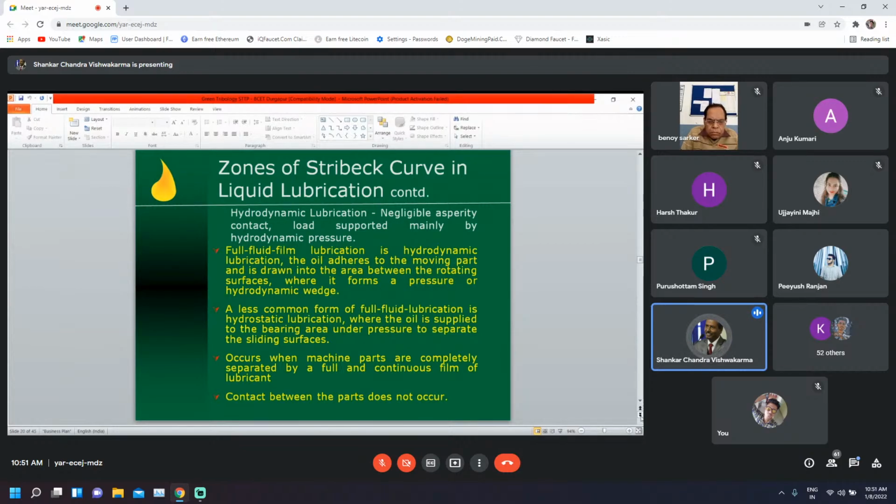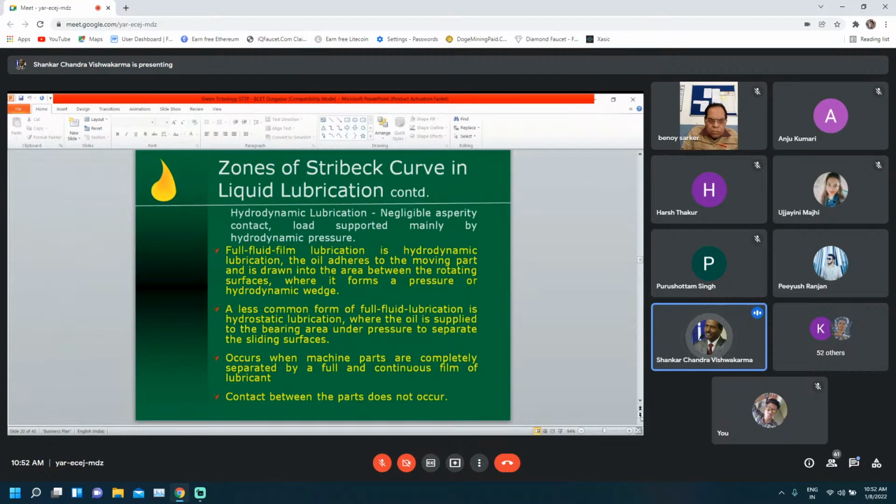This is the reason why we call it full fluid film lubrication. The oil, with its additives, actually adheres to the moving parts and is drawn into the areas between the rotating surfaces, where it forms a pressure or hydrodynamic wedge.